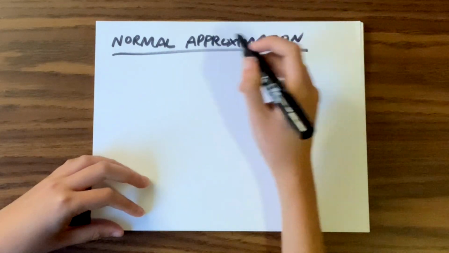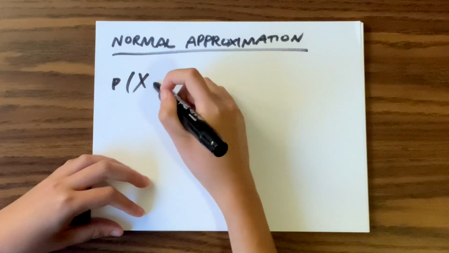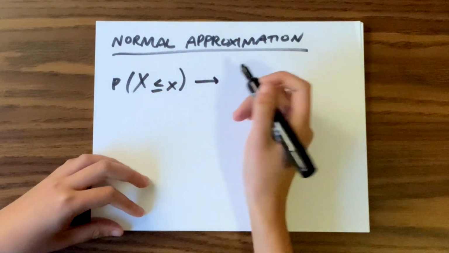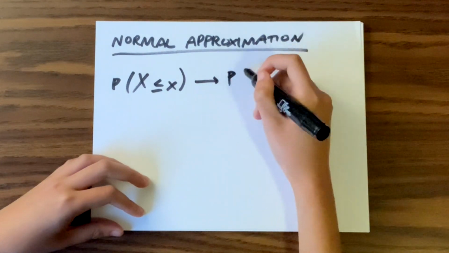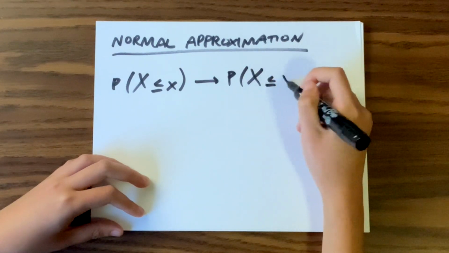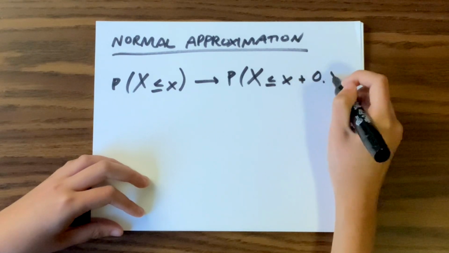And so we can say that for the probability of some random variable x being less than or equal to some value x, we can account for continuity correction by rewriting this as the probability that x is less than or equal to x plus our continuity correction value of 0.5.